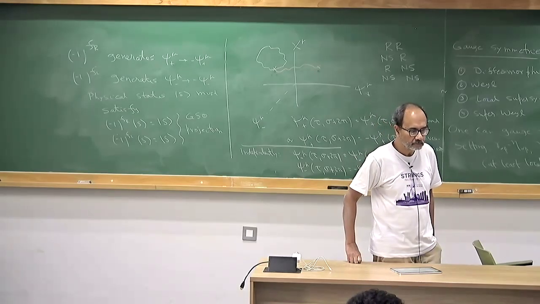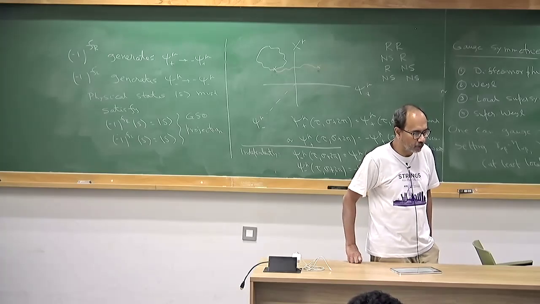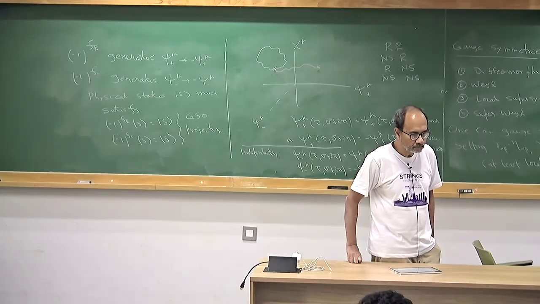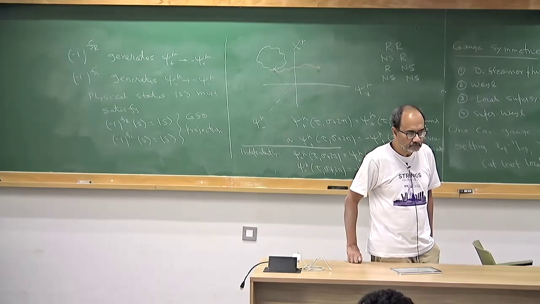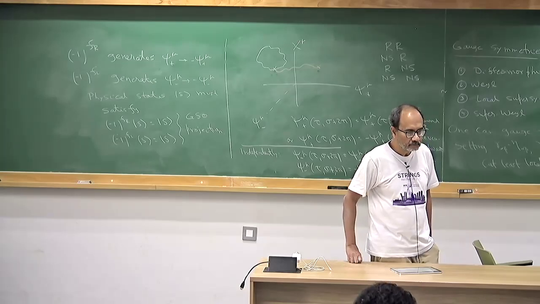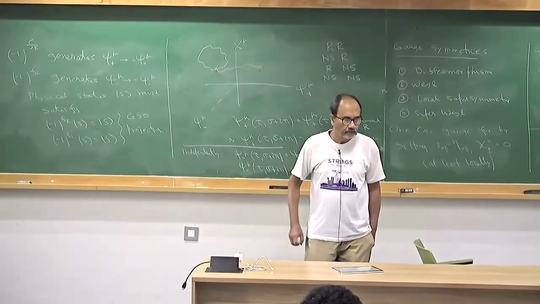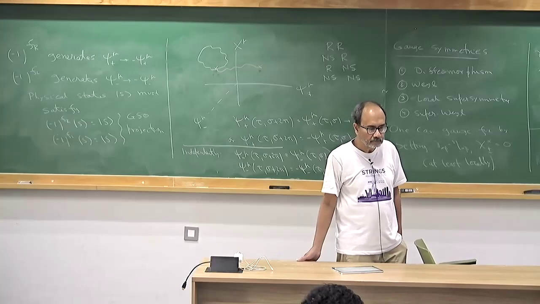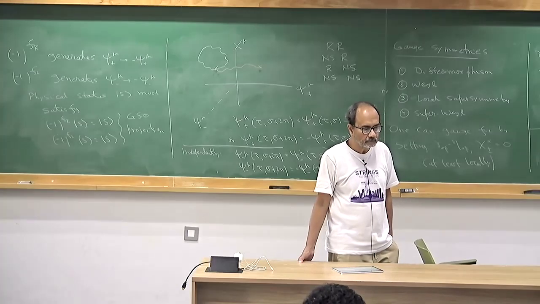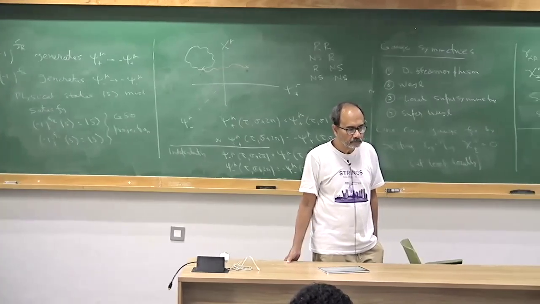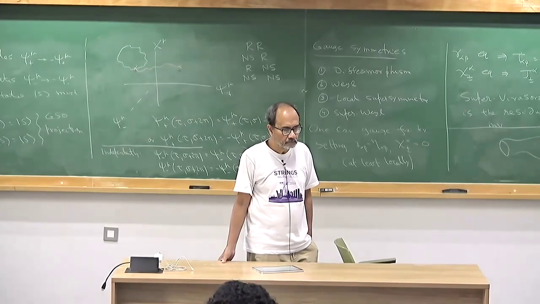But here we will have to consider all four of them, right? Yes, so in superstring theory, you consider all four of them, and these will also have to satisfy that property. Before the identification, the space of states will be very large, the Hilbert space will be very large.